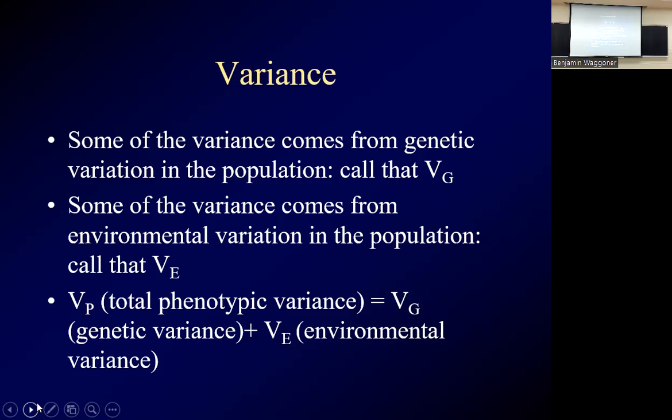Note, by the way, this is entirely relative to what population you're measuring it in. If I got a sample of students who were all college students from a middle-class American background, V sub E would probably be pretty low, because for all of the issues that the United States faces, episodic starvation really isn't one of them.